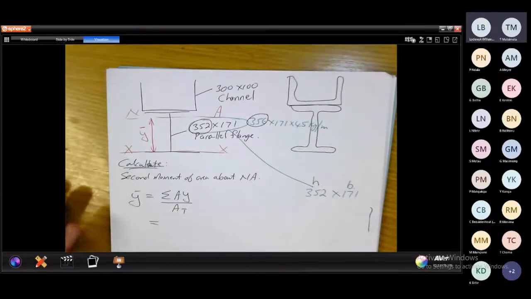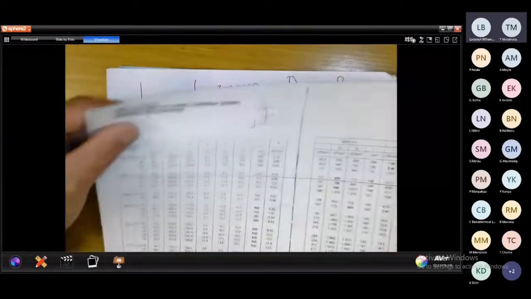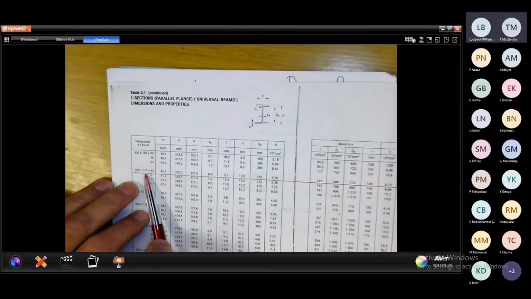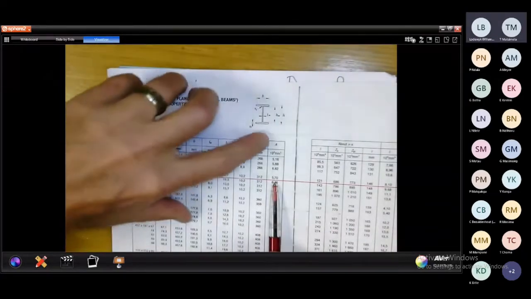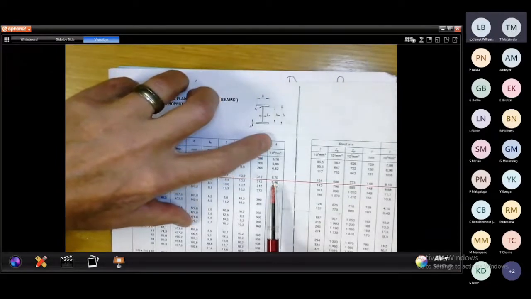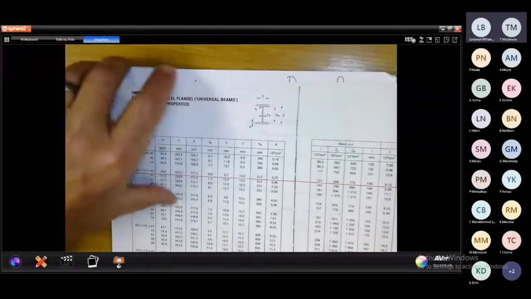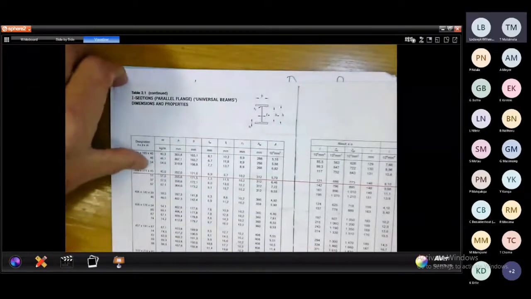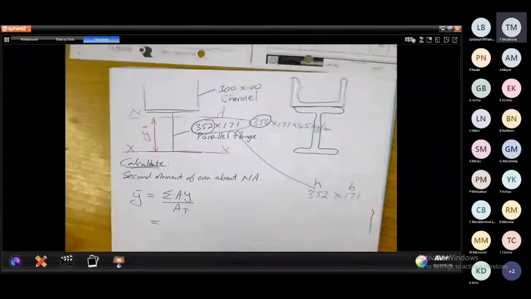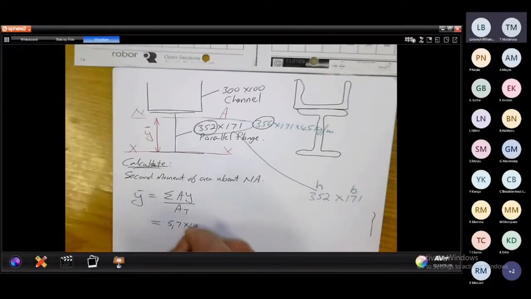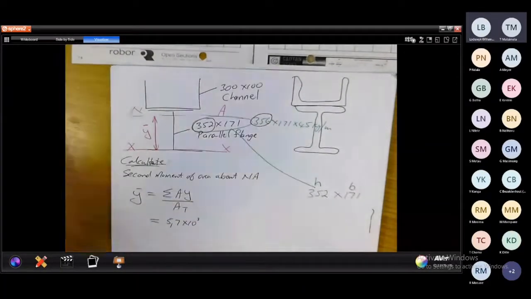Okay. Now, in that part here, I have drawn a line for you. I go directly to the right and there is the area. Under it, the area for my I section is 5.7 times 10 to the power 3 in millimeters squared. All right.